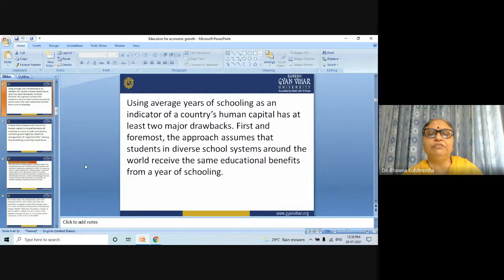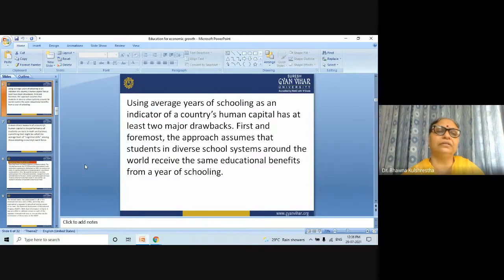First and foremost, the approach assumes that students in diverse school systems around the world receive the same educational benefits from a year of schooling.